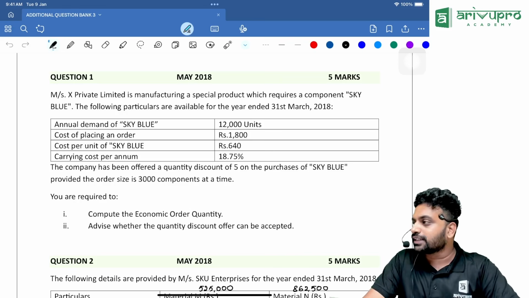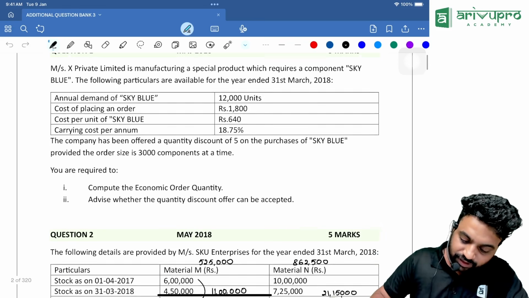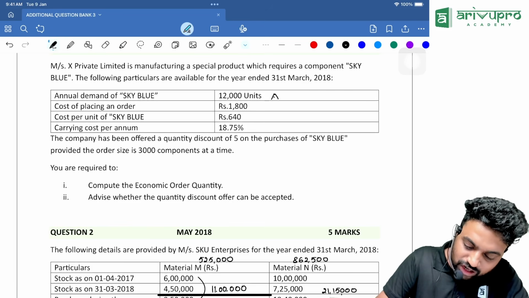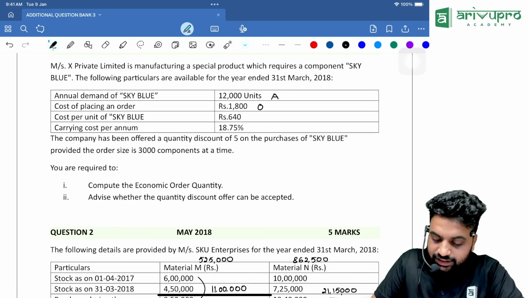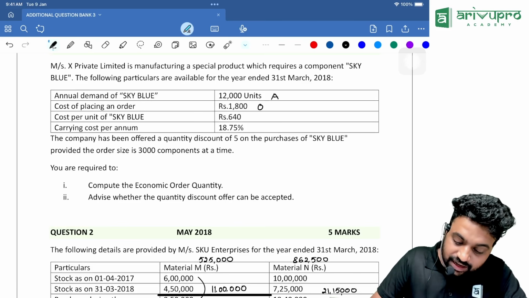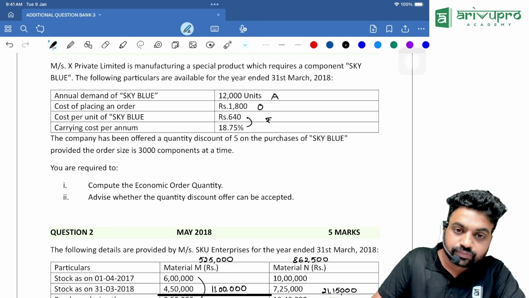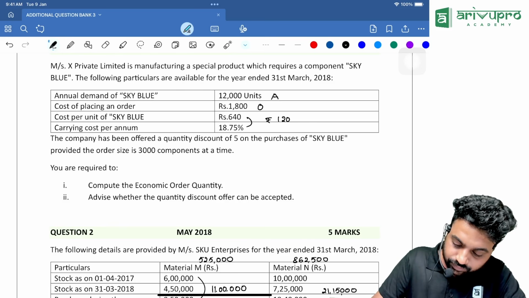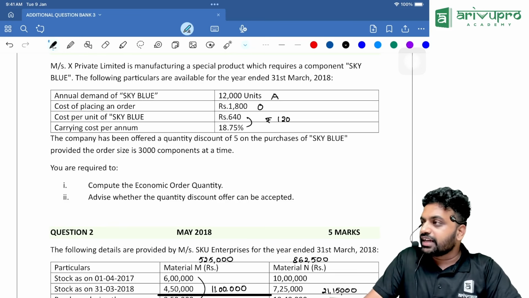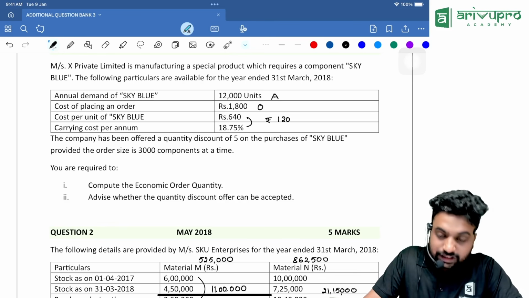Cost of placing order they are telling 1800. And annual requirement, can I call it as A? This will be O. Cost per unit of sky blue is 640 and carrying cost is 18.75. So how much is it? 120. Your carrying cost per unit per annum would be rupees 120.